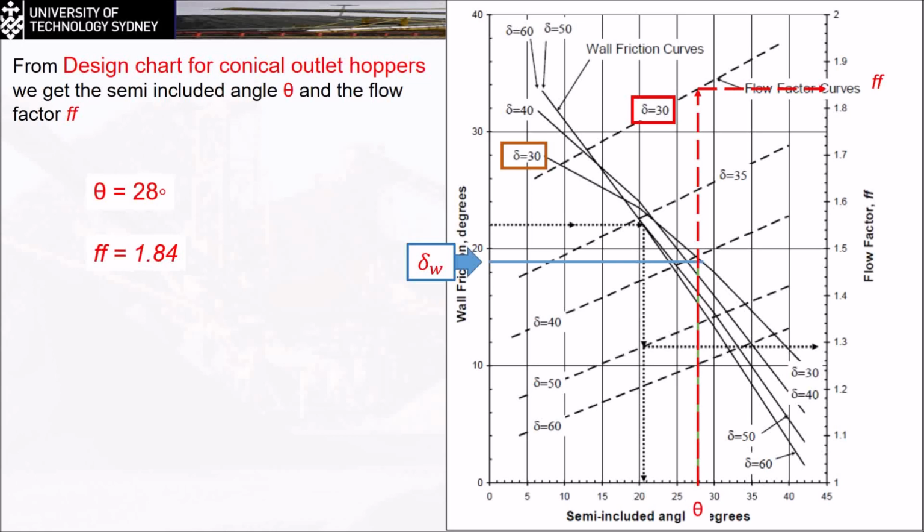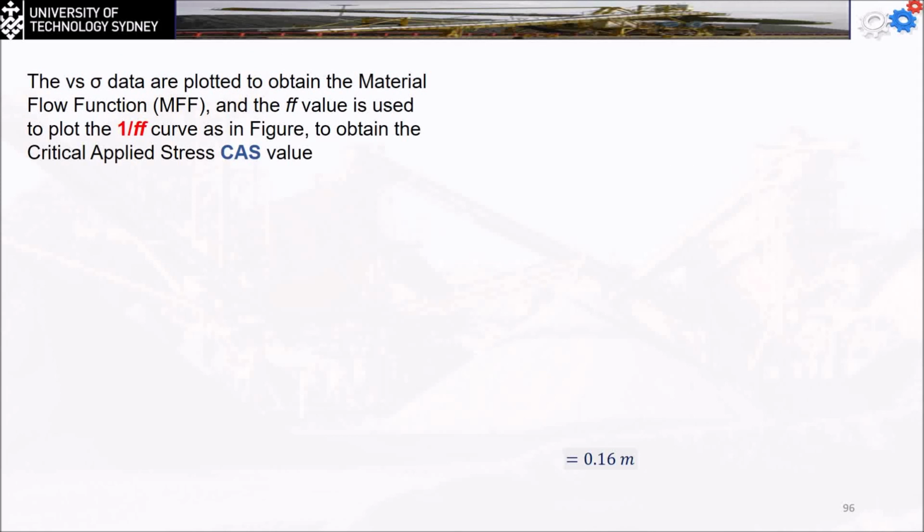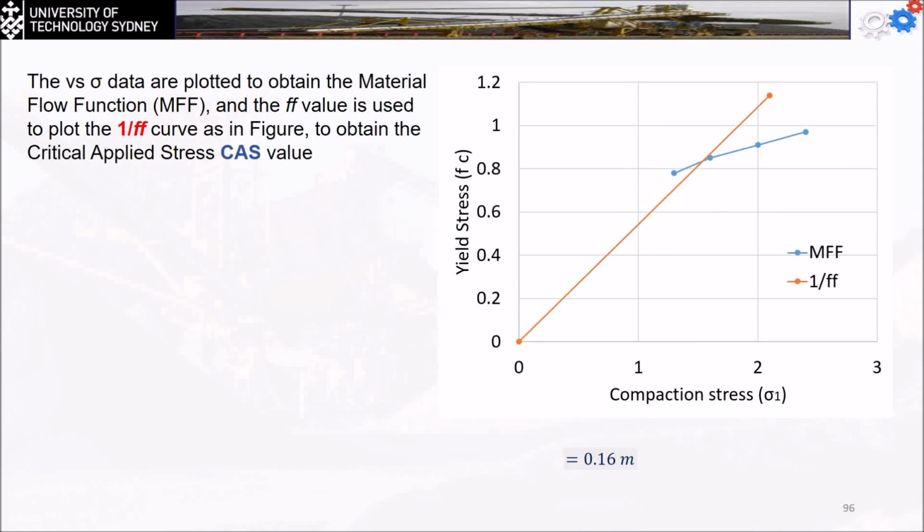Okay, now I got the value of the FF, so I can find the value of 1 over FF and sketch the orange line, which is going to have the slope of 1 over 1.84. And these points are the points I got from the table.